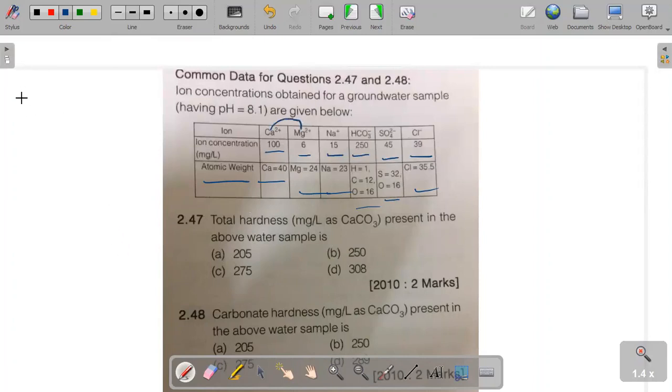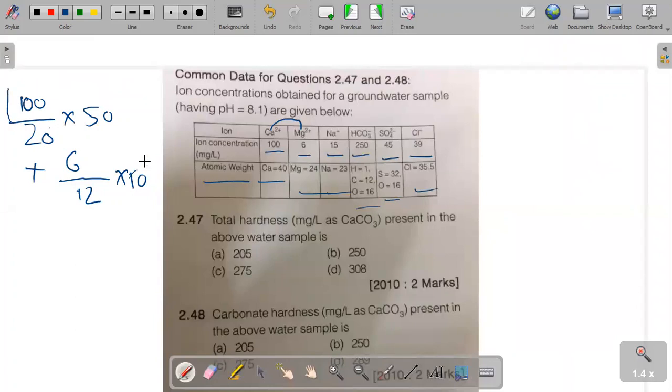So we have an ion concentration of Ca2 plus 100, and its atomic weight is 40, divided by 2 we get 20, into 50, plus, for Mg2 plus we have 6 milligram per liter ion concentration, and its atomic weight is 24, which is divided by its valency, that is 2. So we get 24 divided by 2, which is 12, into 50.